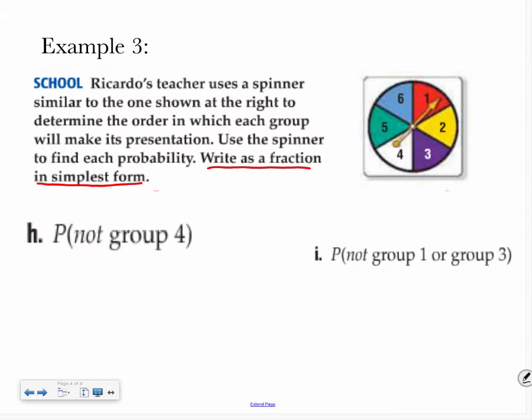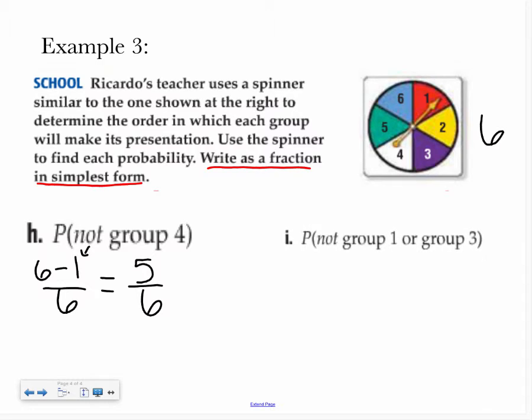We have 6 groups. And how many group 4s do we have? We have 1, so we can take our 6 groups minus the 1 group, because we only have 1 group 4. So there's 5 groups that are not group 4 out of 6. Is that as simplified as a fraction as possible? Yes.